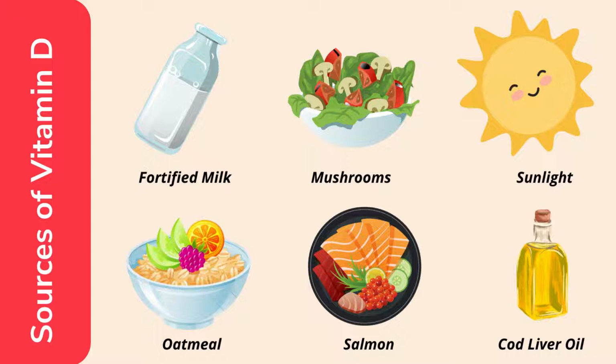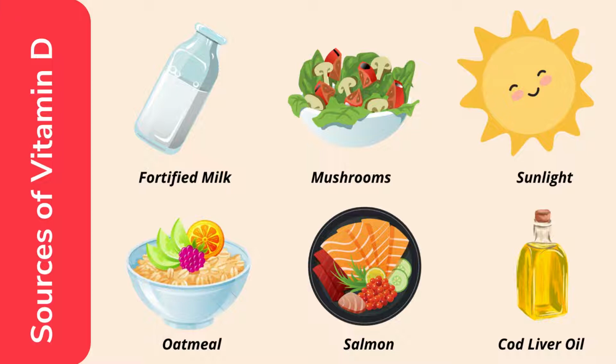And obviously sunlight is the most important one, because sunlight is responsible for converting cholesterol into cholecalciferol, which is basically vitamin D3. That cholecalciferol is then synthesized in the liver into a metabolite known as calciferol, which further undergoes hydroxylation in the kidneys to give the biologically active form, calcitriol.